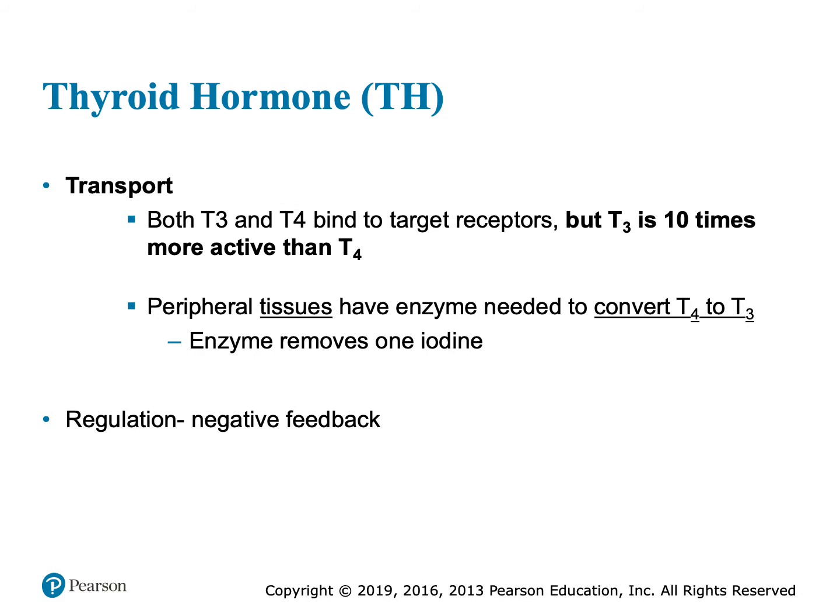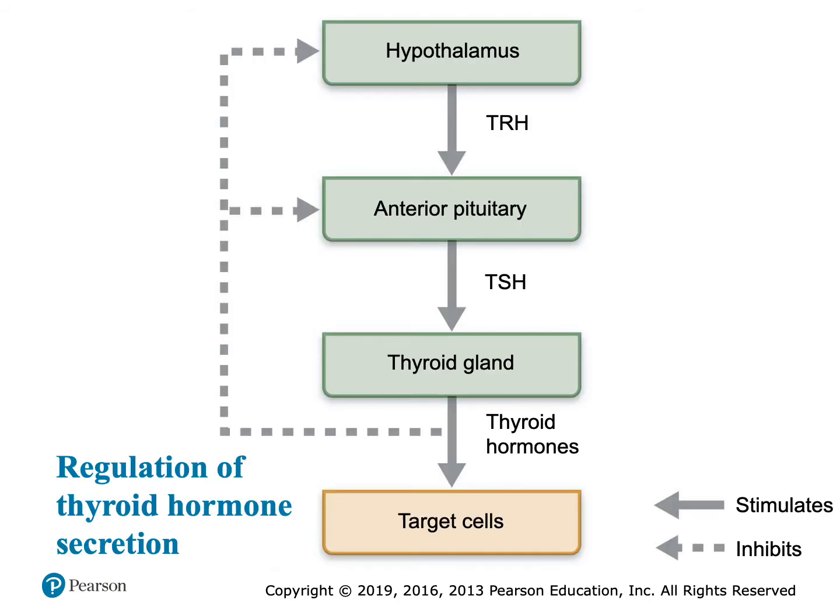All right. And then most of our hormones are negative feedback. That was the last slide. Okay, so here's how it works. We've got the hypothalamus. Remember, the hypothalamus has releasing hormones and inhibiting hormones. So this is thyroid releasing hormone. It goes to the anterior pituitary. The anterior pituitary releases thyroid stimulating hormone, which goes to the thyroid gland.